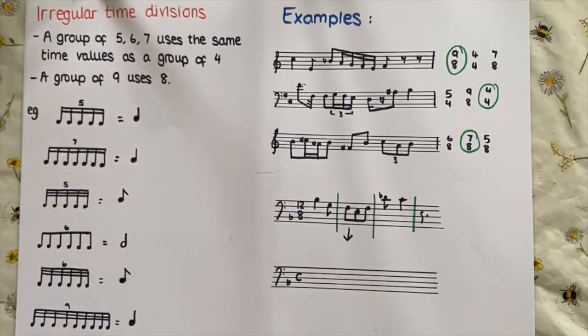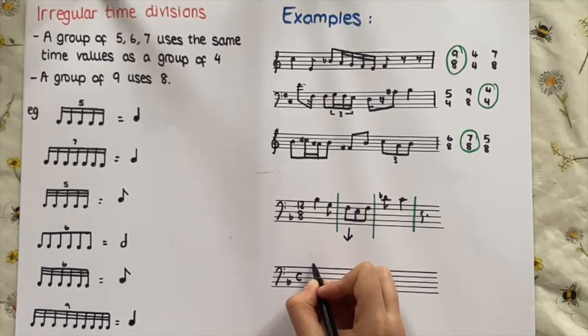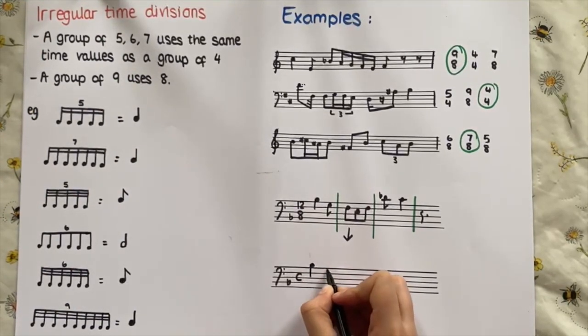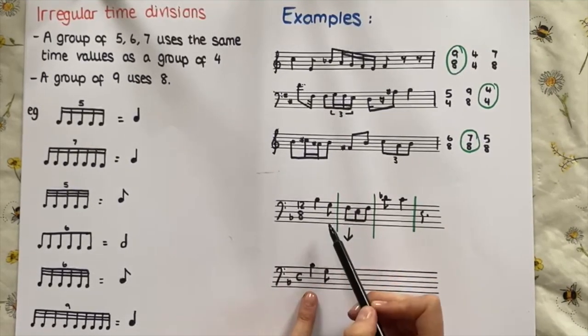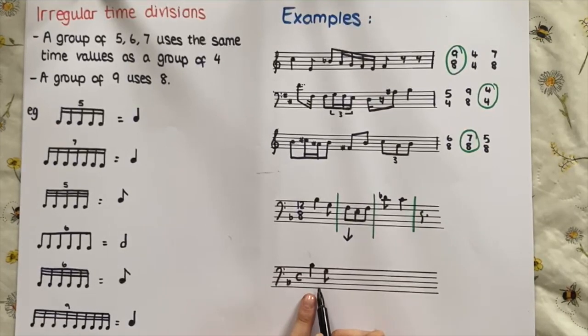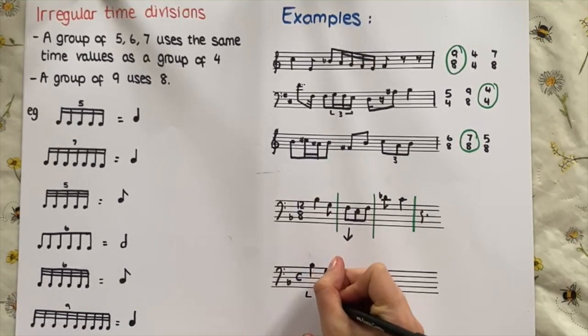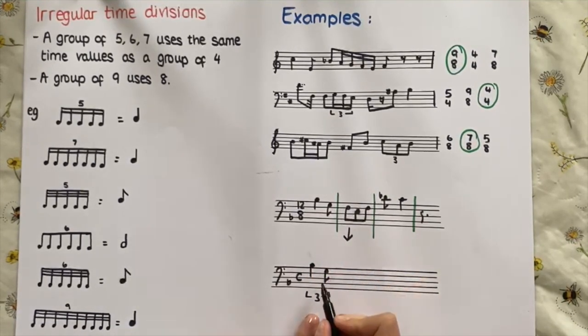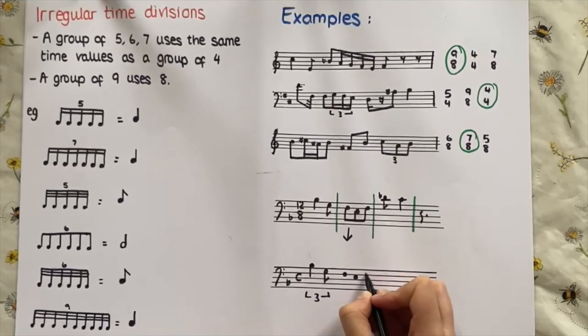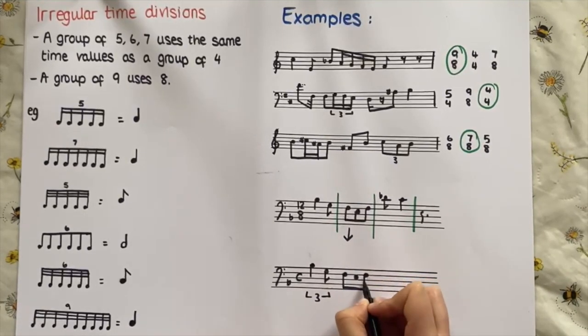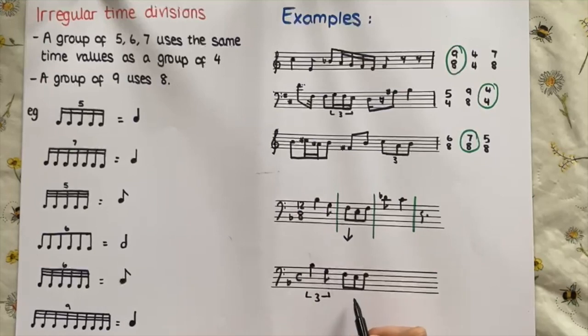So I'm just going to start off by writing out the notes as in the example above. So we need to make this fit into a crotchet in simple time. So this is 3 quavers and it needs to be in the time of 2 quavers. So we're going to put a triplet bracket over that. And now moving on to the next beat. Again, we've got 3 quavers and we need to make these fit into the time of 2 quavers.